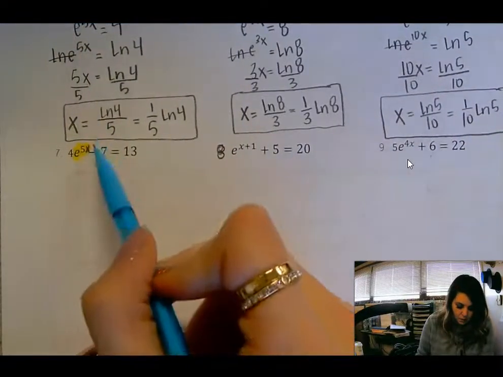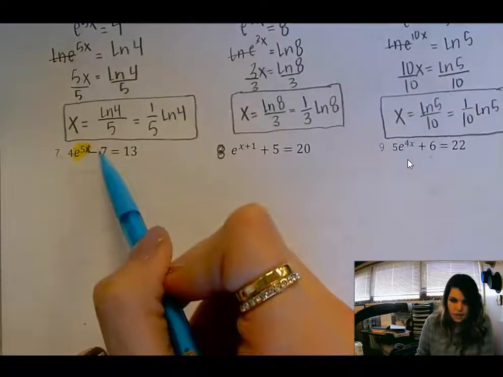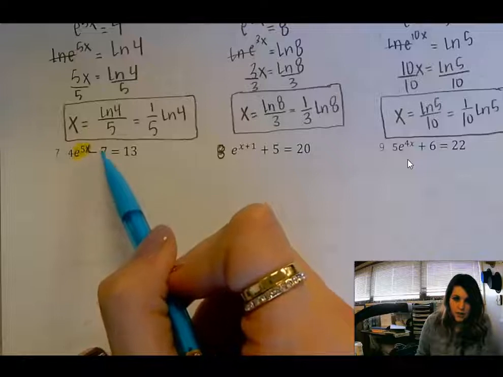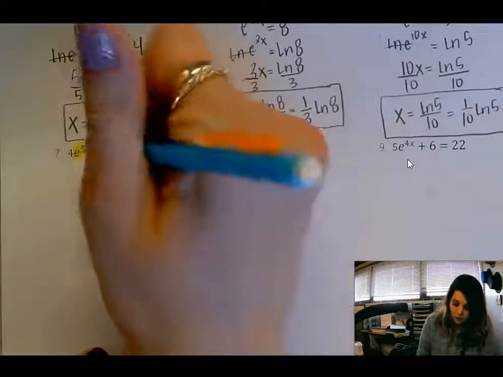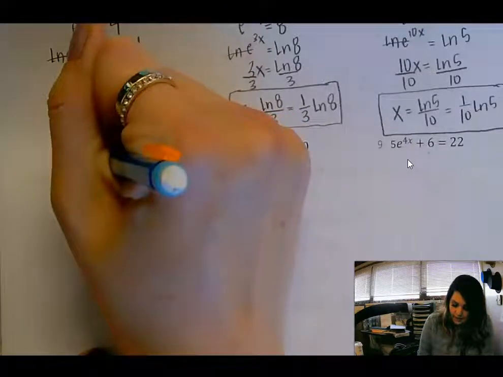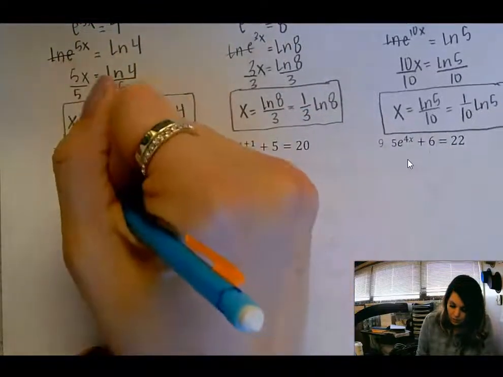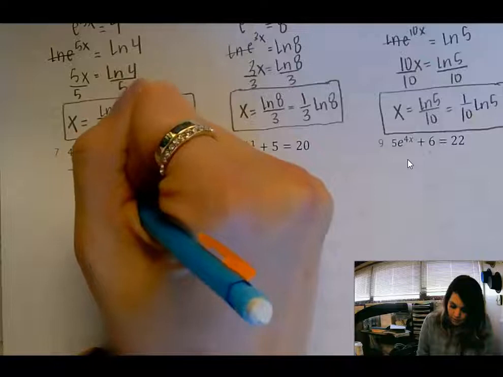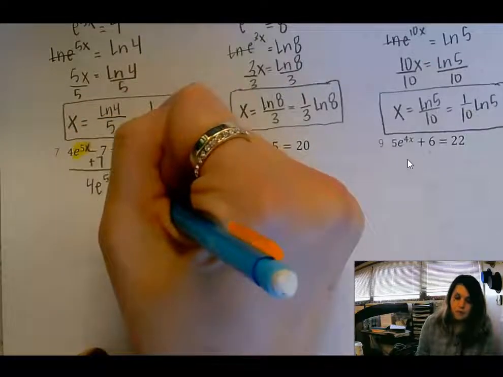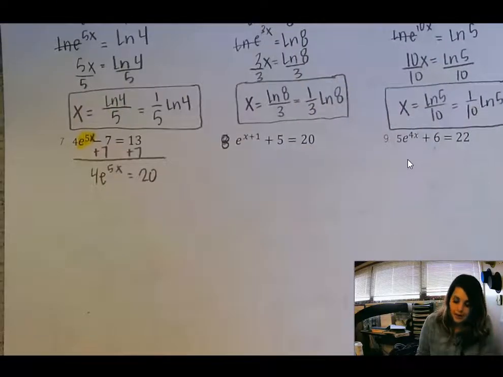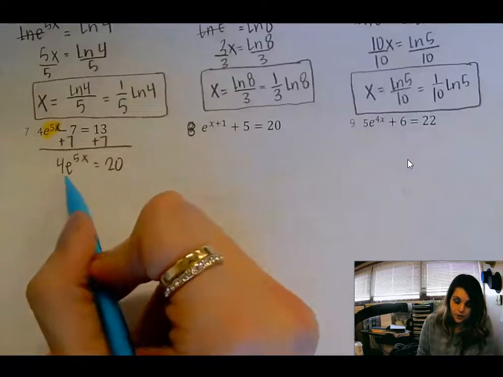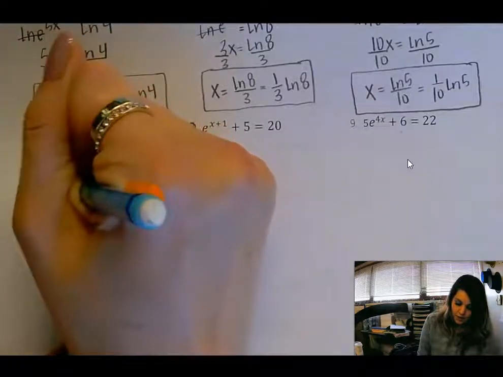The first thing that we would need to do is get rid of this friend, -7. To do that, we add 7 to both sides. That leaves us with 4e to the 5x equals 20. Now we got to get rid of this girlfriend. So to get rid of the girlfriend, we divide by 4.